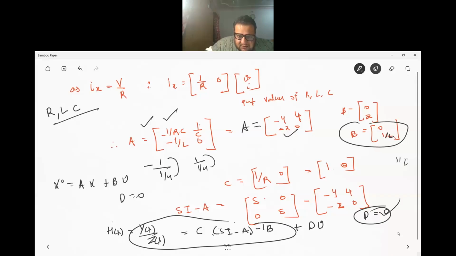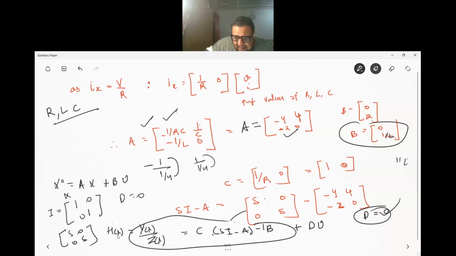But here it is a GATE problem they have put. So (sI minus A) inverse, right? S into I, where I is this identity matrix with diagonal elements 1 1 and 0 0. If you multiply it with S, it becomes S 0 0 S. So that's what I have done.